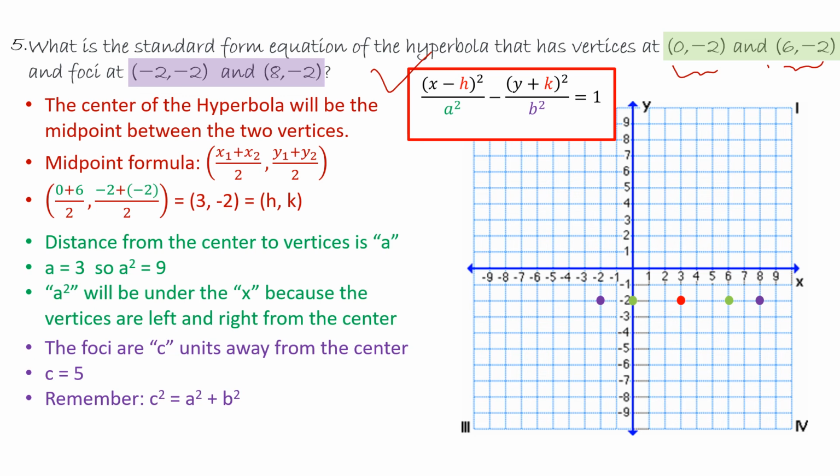We have the equation c squared is a squared plus b squared. So we can solve for b squared now. If you move a squared to the other side, b squared is equal to c squared minus a squared. So b squared is 16. You need b squared in the formula. Don't find b, please. Just keep it as b squared.